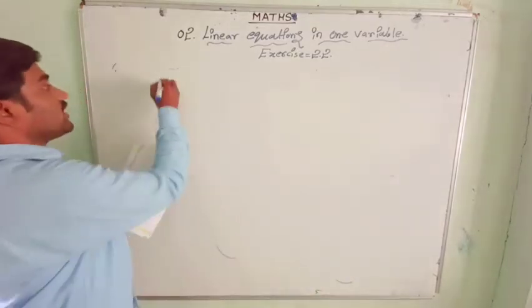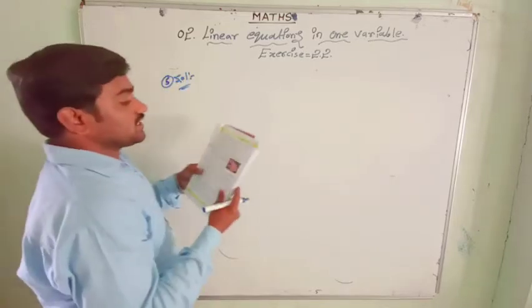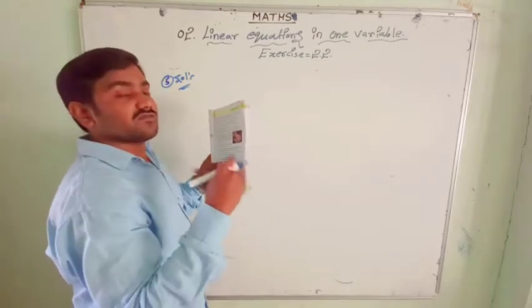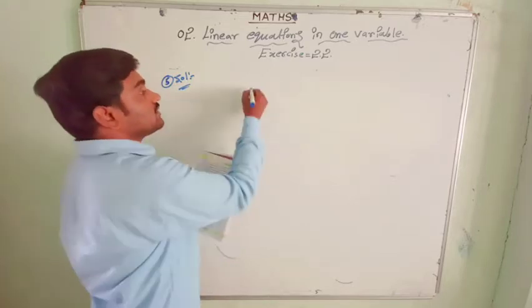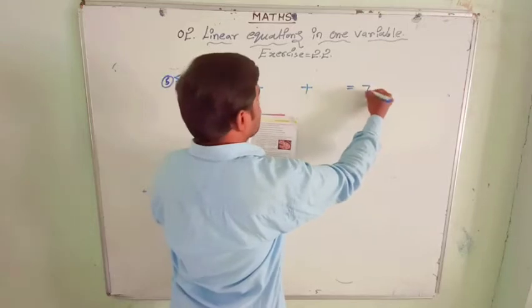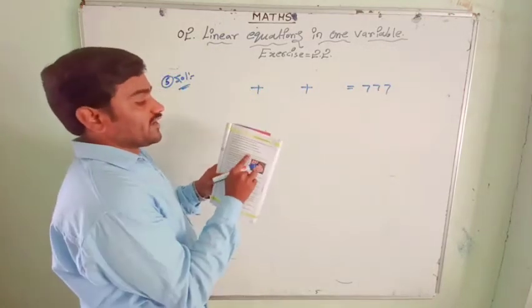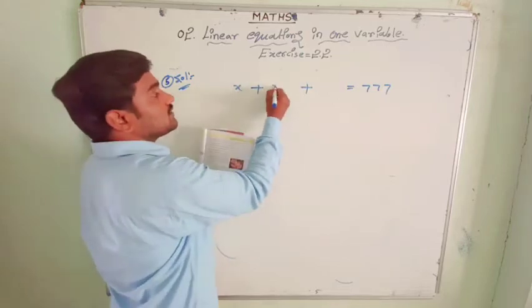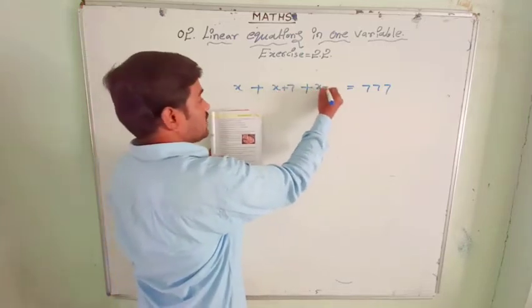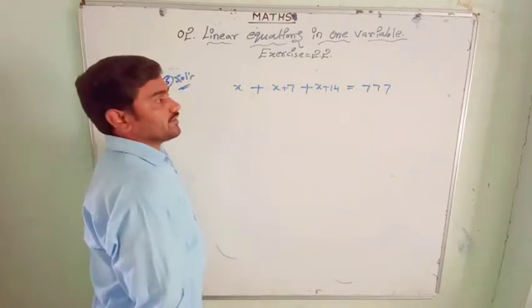As homework, I will give you a hint here. The fifth question solution: the sum of three multiples of 7 is equal to 777. So what are the three multiples? They have given a hint. First multiple is x, then x plus 7, x plus 14, equal to 777.